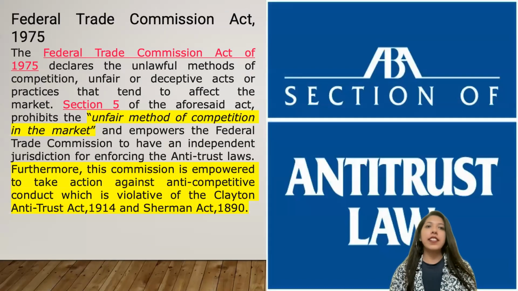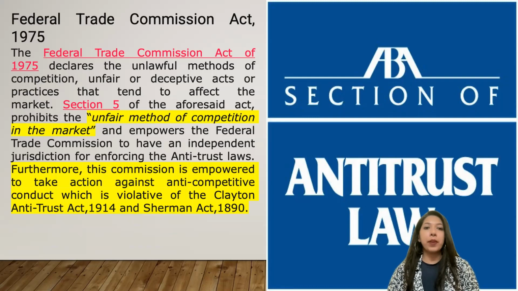The next one is the Federal Trade Commission Act, yet another important act. This act declares unlawful unfair methods of competition and unfair or deceptive acts or practices that tend to affect the market. Under Section 5 of this act, the unfair method of competition in the market is prohibited while regulating combinations.